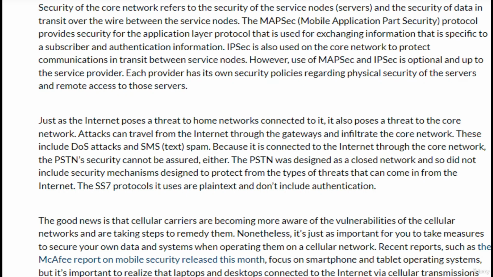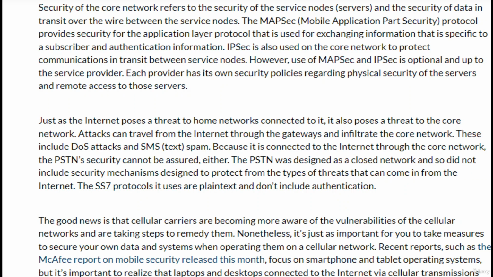IPsec is also used on the core network to protect communications in transit between service nodes. However, use of MAPSEC and IPsec is optional and up to the service provider. Each provider has its own security policies regarding physical security of the servers and remote access to those servers.